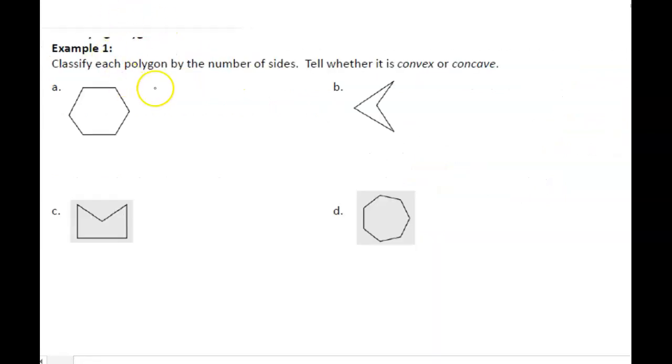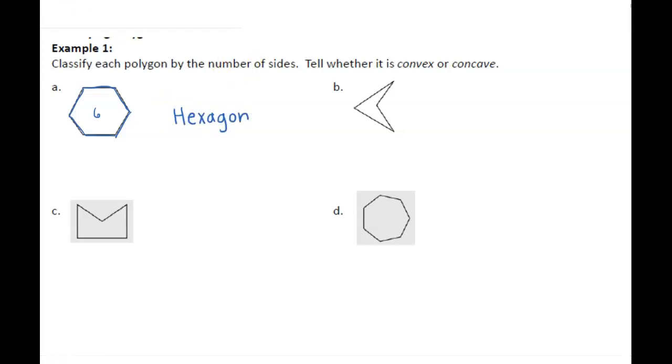All right, so let's look at this example. We want to classify the polygons by the number of sides and tell whether each is concave or convex. Let's look at A. So we have one side, 2, 3, 4, 5, 6 sides. So we know a 6-sided polygon is called a hexagon.